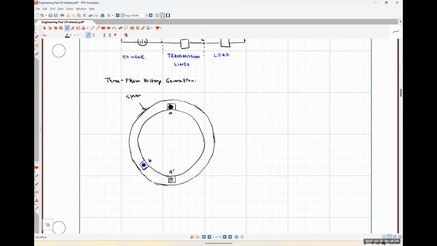And 180 degrees away from that B, I'm going to have my B prime return path. I'm also going to do it in gray. And then 120 degrees away from our B path, we're going to have our C path over here, which I'm going to draw in red.